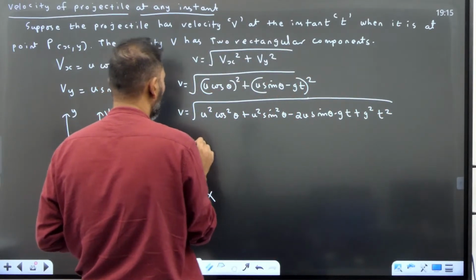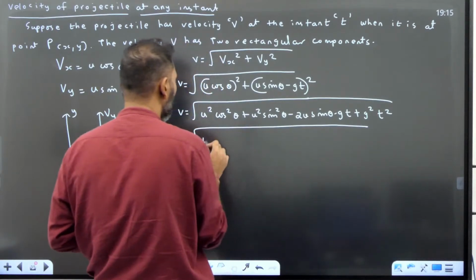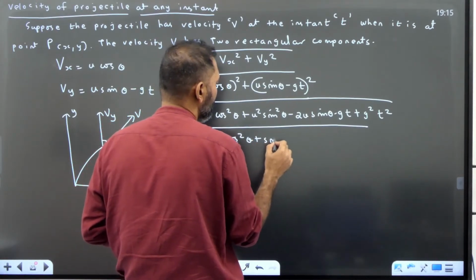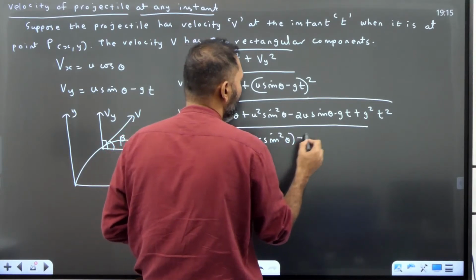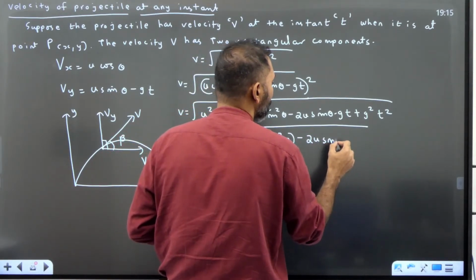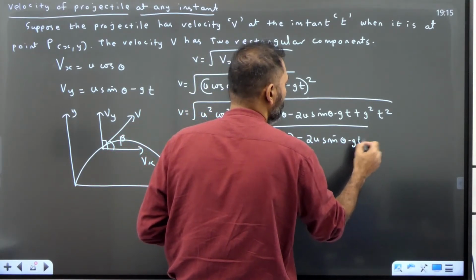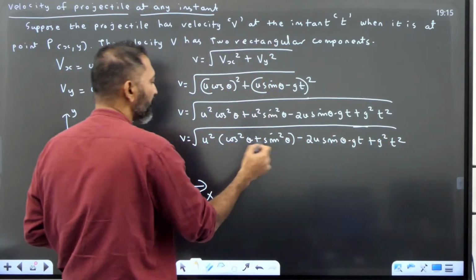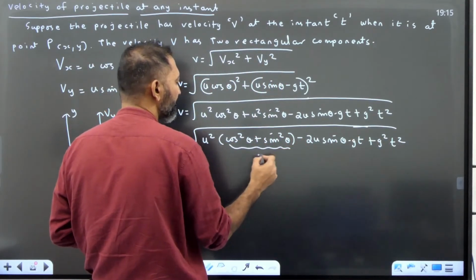So v is equal to root of, if you take u square common, u square into cos square theta plus sin square theta, minus 2u sin theta gt plus g square t square. Cos square theta plus sin square theta is equal to 1.